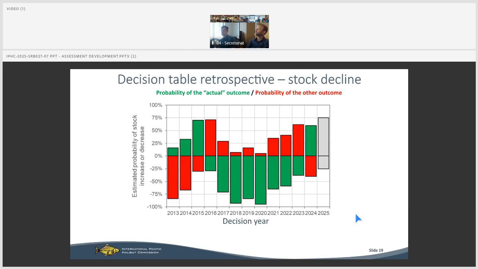The part of the column that's above 0 would be, for this graph, the probability that the stock is going to increase over that year. The probability that's down below would be the probability that the stock's going to decrease in that year. And the color coding is green is what actually happened in retrospect, and red is the wrong answer, effectively.